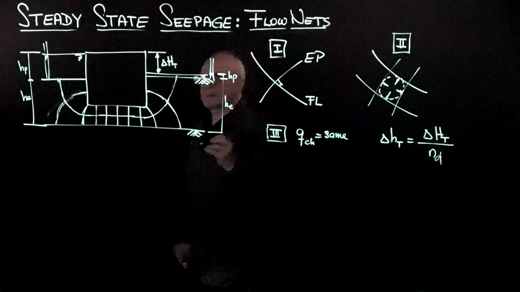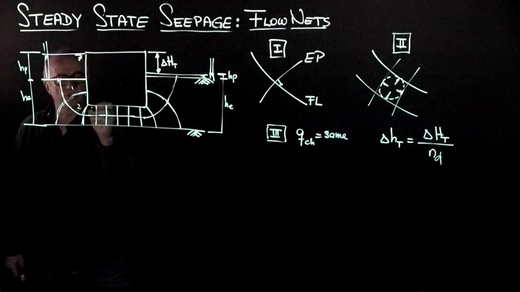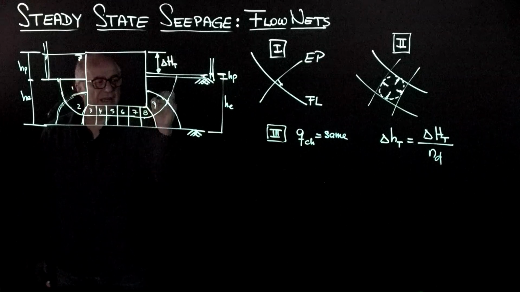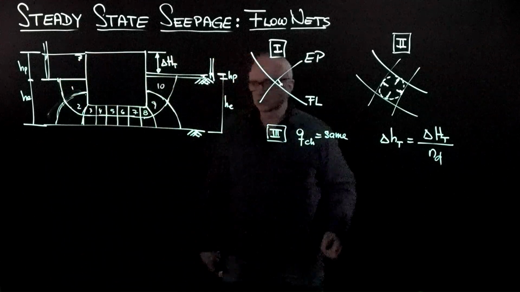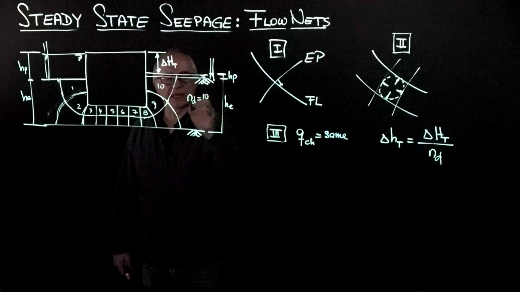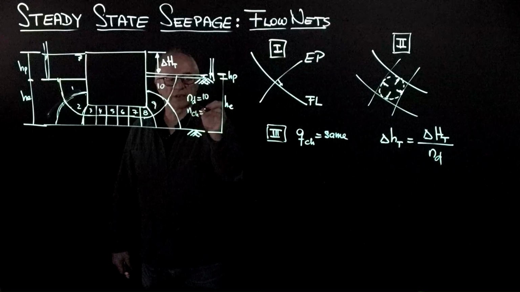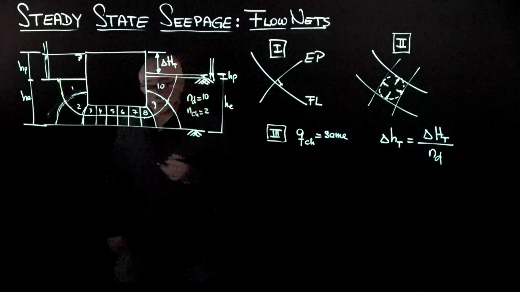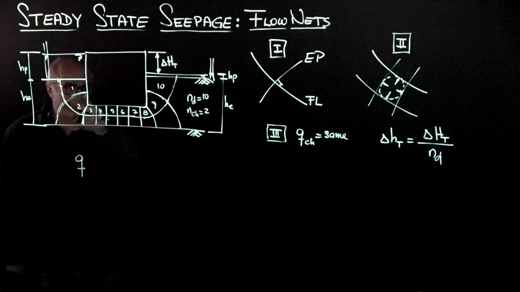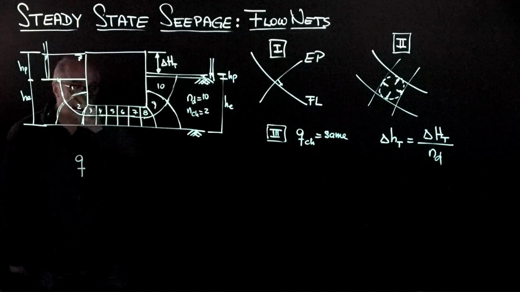And in this case, we have 1, 2, 3, 4, 5, 6, 7, 8, 9, 10 drops. So the number of drops is equal to 10, and the number of channels is equal to 2. So now let's derive the total flow rate, the total loss of water in this reservoir.